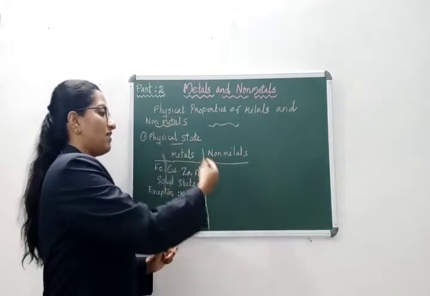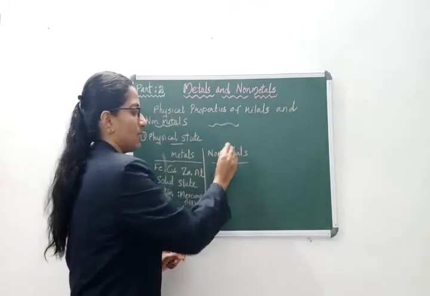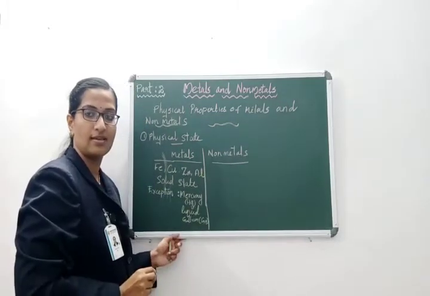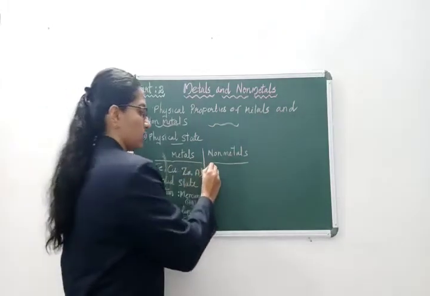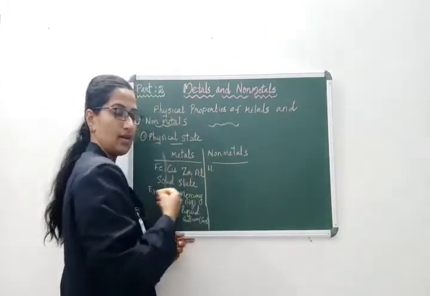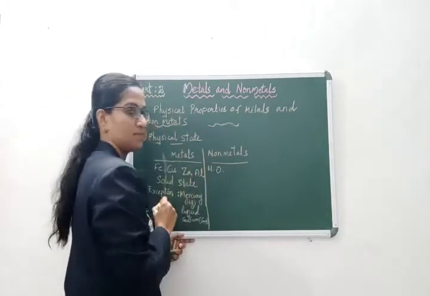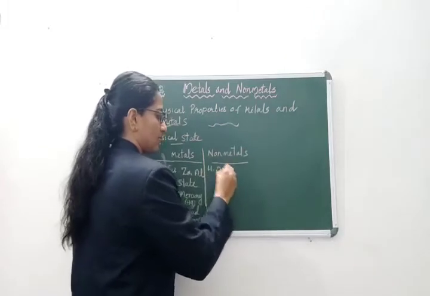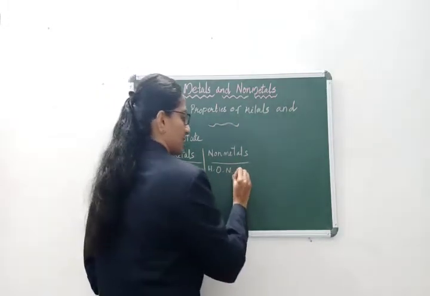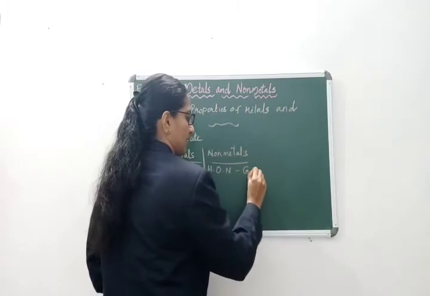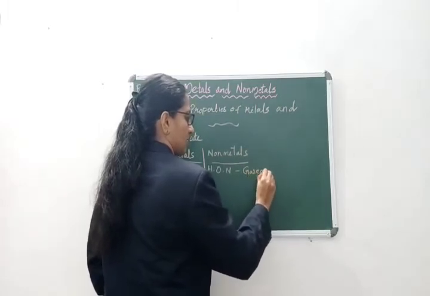And when we talk about non-metals, can you say some examples? Most of the gases like hydrogen, oxygen, nitrogen and so on are in which state? Yes, they are in the gaseous state.